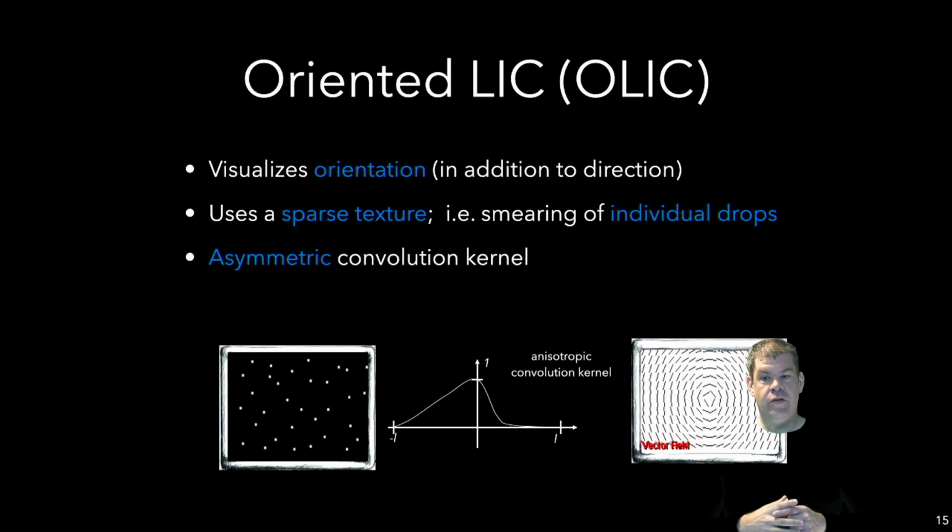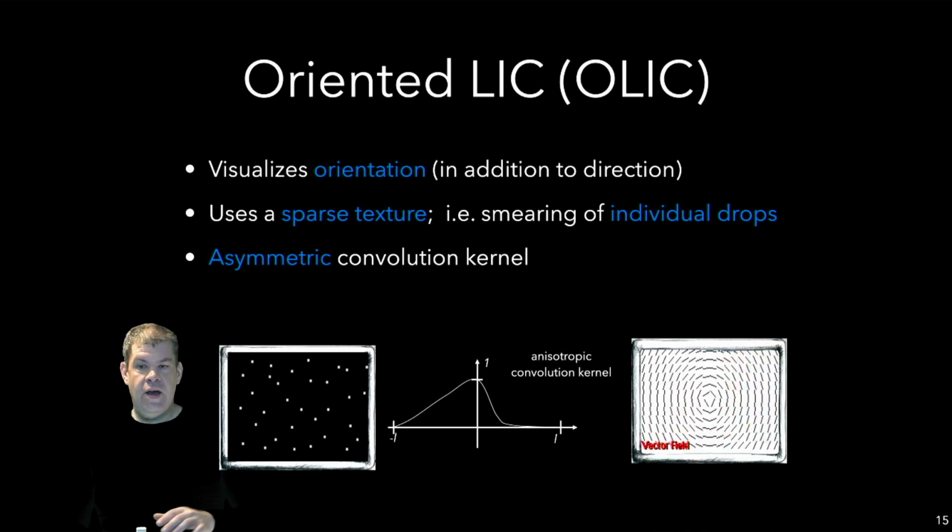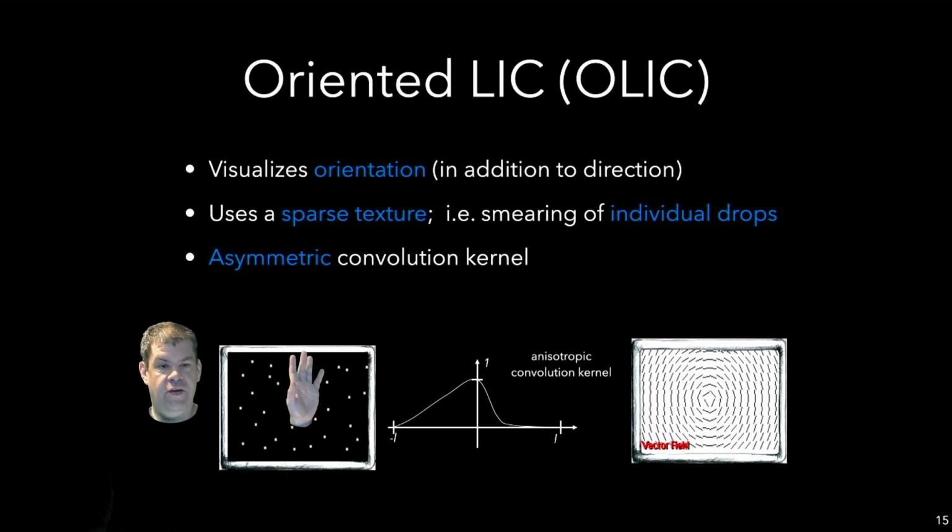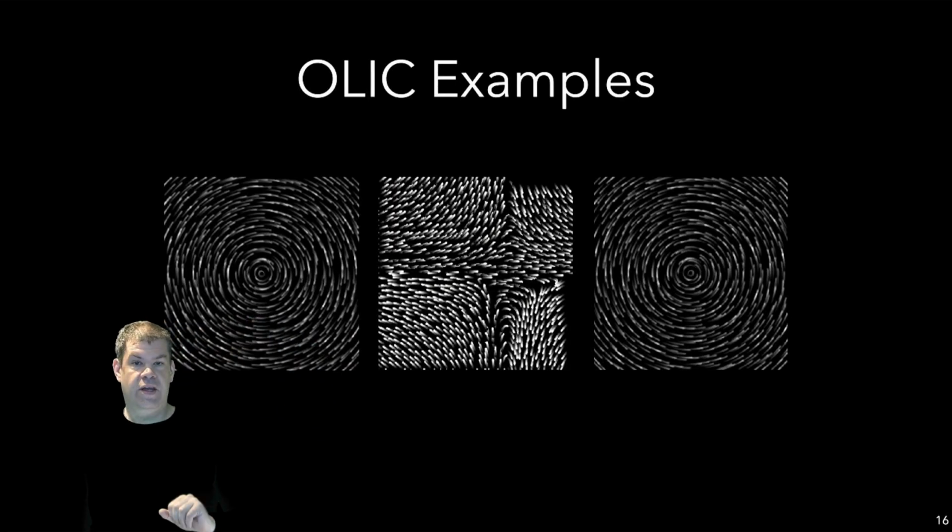For instance, if you use a kernel such as this one here, and that's very important, in combination with sparse noise. Notice that what I do here is I have an almost empty input image with just a bunch of random dots. If I combine that with the very same method, I just use this here as input, and I use this asymmetric kernel, then the result will look somewhat like this here.